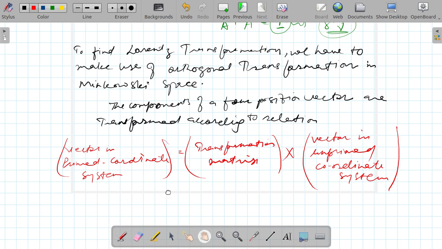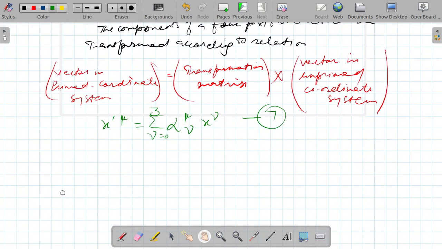So mathematically, this can be written as x prime mu must be equal to alpha nu x nu, with summation over nu from 0 to 3. And initially the coordinates are intact, meaning that at t equal to 0 the origins of the two frames of reference will coincide, and the inverse transformation is also given by a similar relationship.